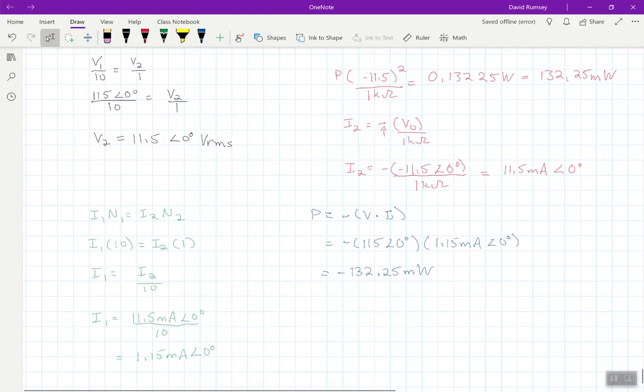Now, of course, we made one huge assumption here, which is unreasonable. I mean, you'll never get a transformer to act like this. The assumption we made is that there are no losses in the transformer, which is 100% inaccurate.